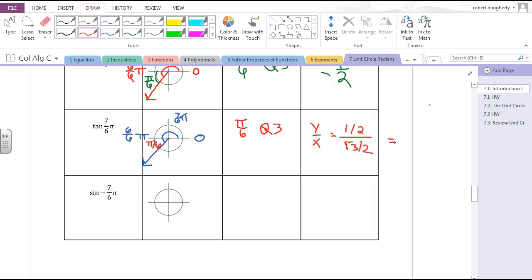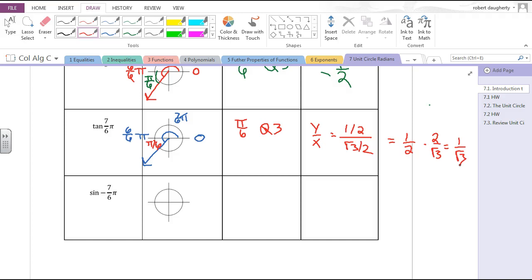And let's just see, it's tangent. What is tangent in the third quadrant? Positive, okay? So this is 1/2. Instead of dividing by square root of 3 over 2, we can multiply by its reciprocal, which is 2 over square root of 3. This answer is 1 over square root of 3. Okay, we're getting the same numbers for answers that we got before because we're dealing with the same angles.